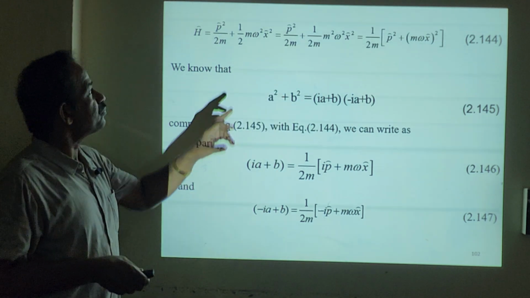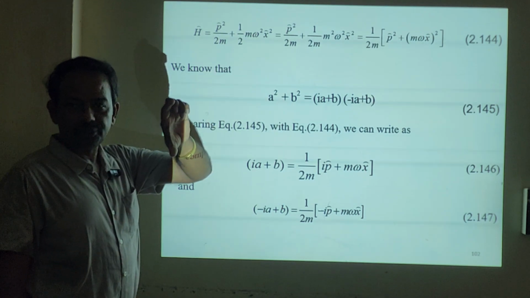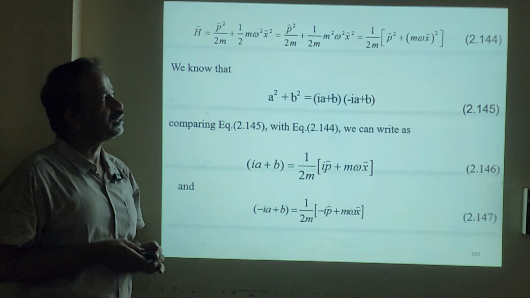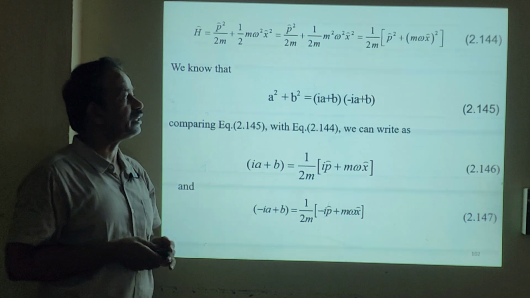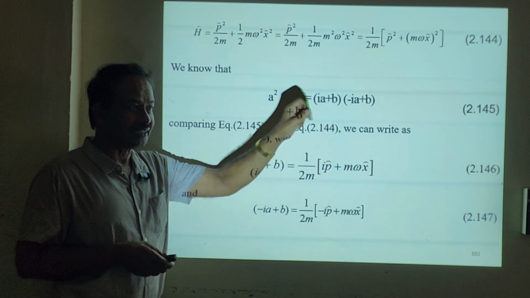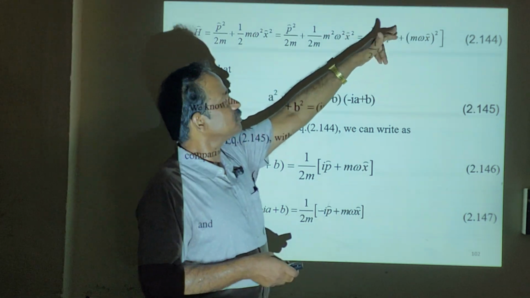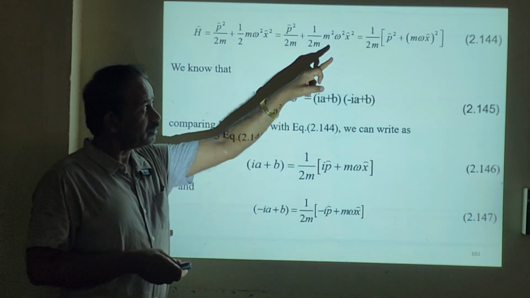Is it okay? What I have done is multiply and divide by m, and 1 by 2m has been pulled out, and I have written P squared plus m omega x whole squared. We know that a squared plus b squared equals ia plus b multiplied by minus ia plus b. We know already this expression. You just compare these two and write in terms of that expression.